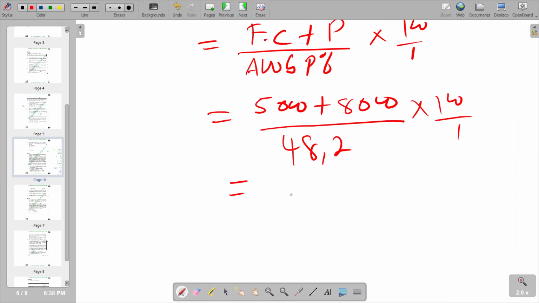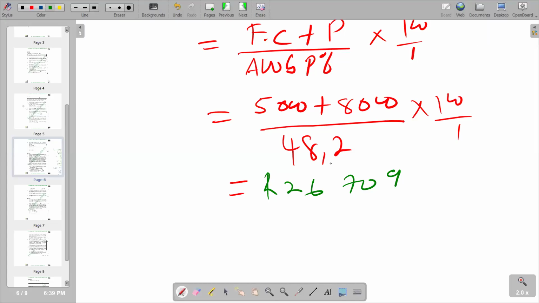We do as such, and if you calculate, the answer that we are going to get is 26,970.95436. Obviously, we have to round it off to 2 decimal places.